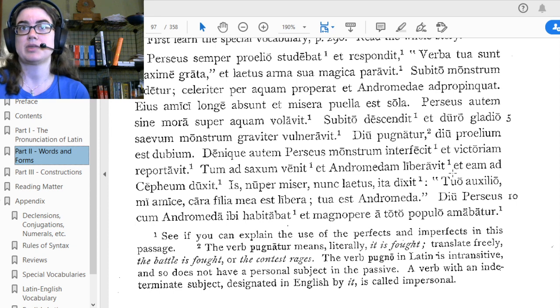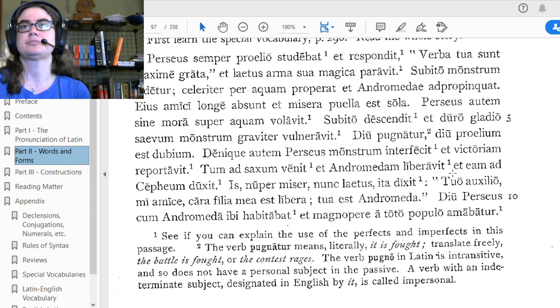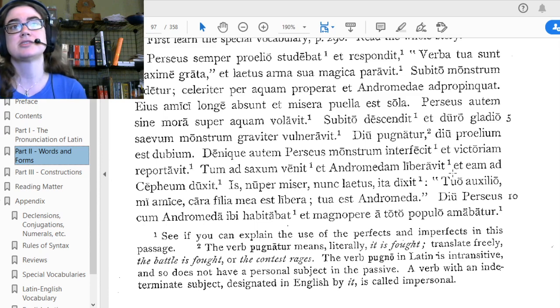Yours is Andromeda. Andromeda is yours. For a long time, Perseus used to live there with Andromeda, and he was loved greatly by the entire population. The end.